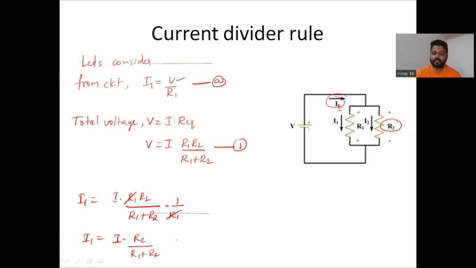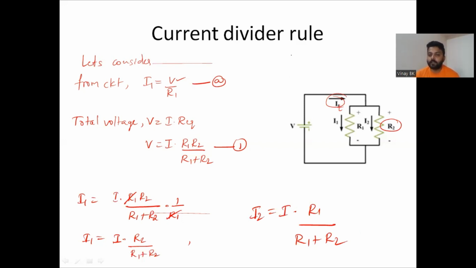So the current divider rule says that the branch current is given by the total current into the opposite resistance divided by the sum of resistances. Okay. Similarly, how will you write I2? I2 is given by the total current I into the opposite resistance R1 divided by the sum of resistances R1 plus R2.